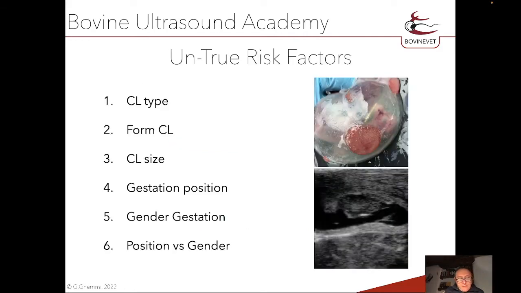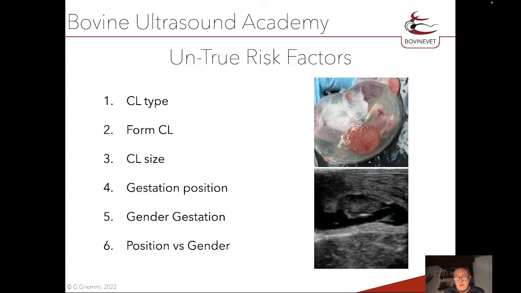Well, the following reasons are often considered as possible risk factors when discussing early pregnancy losses. The type of the corpus luteum. There are still many technicians who have great prejudice about the corpus luteum with a cavity, thinking that it is a lesser quality corpus luteum.